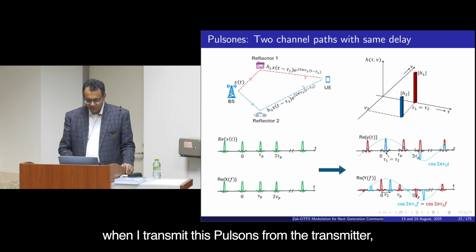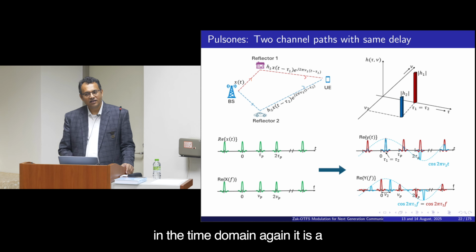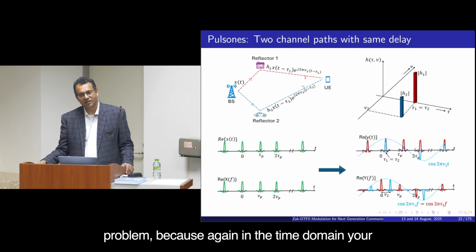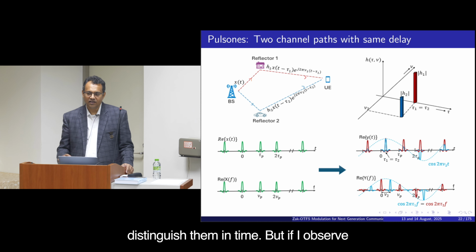Now when I transmit this pulse-on from the transmitter, at the receiver, when I see the signal in the time domain, again it's a problem, because again in the time domain your red and blue will sit on top of each other. There is no way you can distinguish them in time.